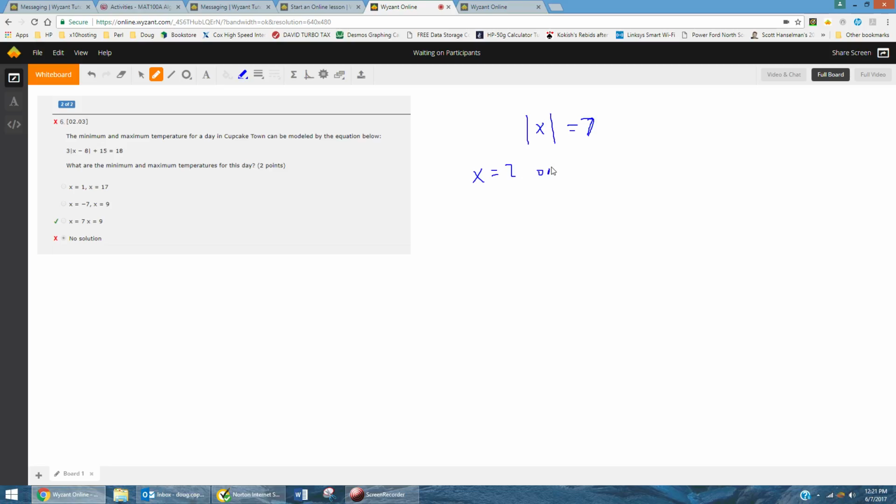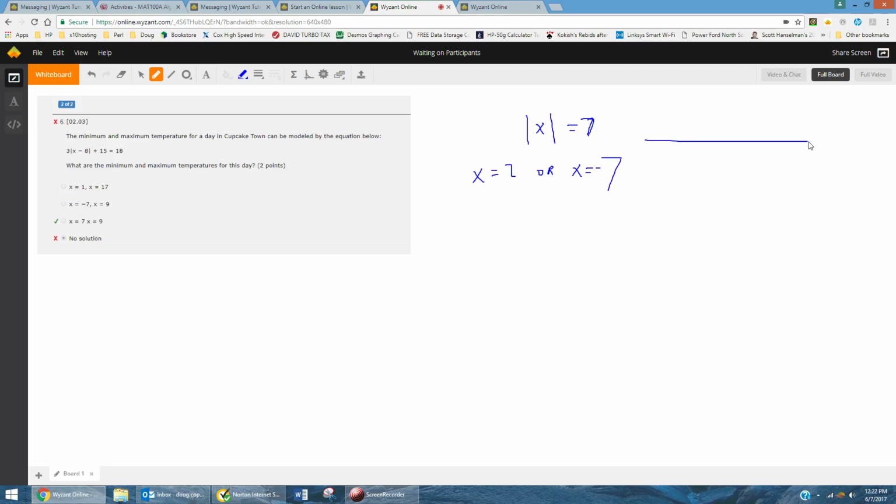So this is what you write, and that's the solution set for this first equation. That's the basic step, the simplest type of absolute value equation you can come up with.